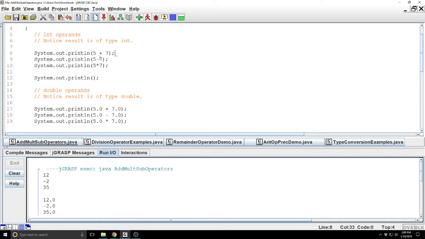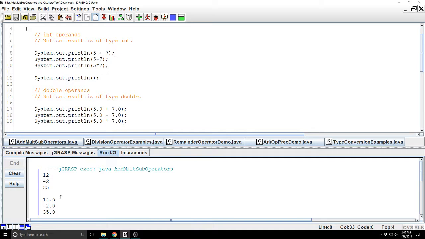In math class, you would say there's really not any difference between 5 and 5.0 or 7 and 7.0, but in Java, there's a definite difference between the two. When you write .0 on a number like this, even if it's a whole number, Java is going to interpret that as being of type double. And if you don't put the .0, like in these examples up here, Java is going to interpret that as being of type int.